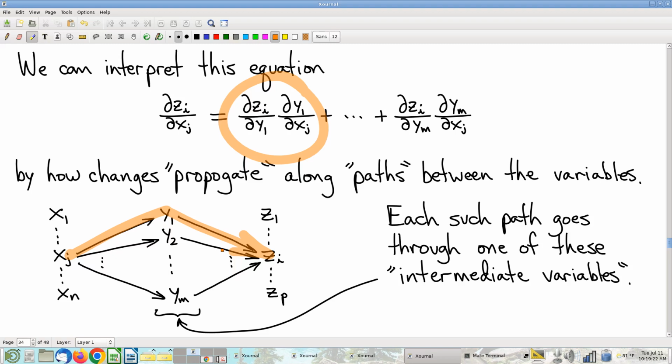And every term, let's see here, every term corresponds to a path, all the way down to and including the last term is this last path. Everybody on board?